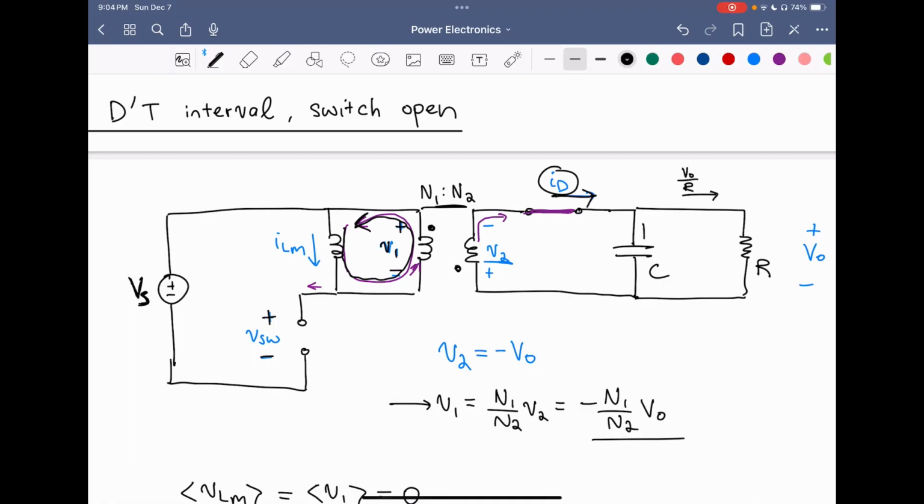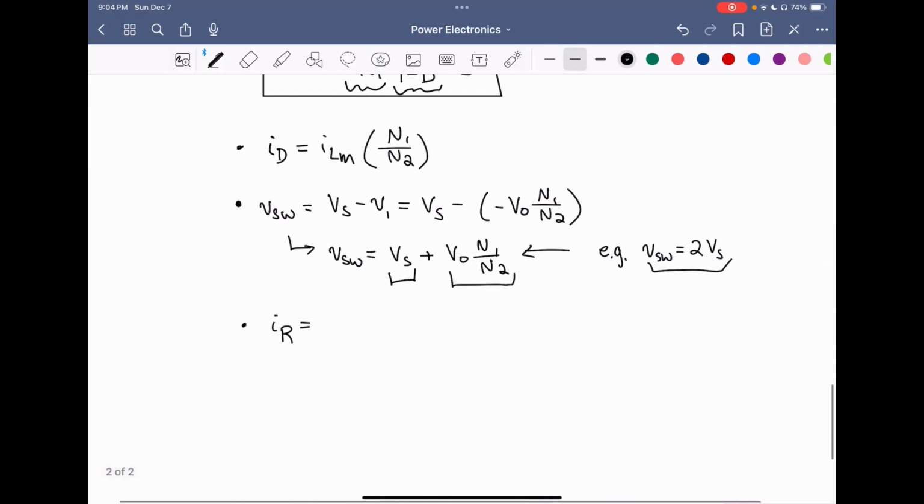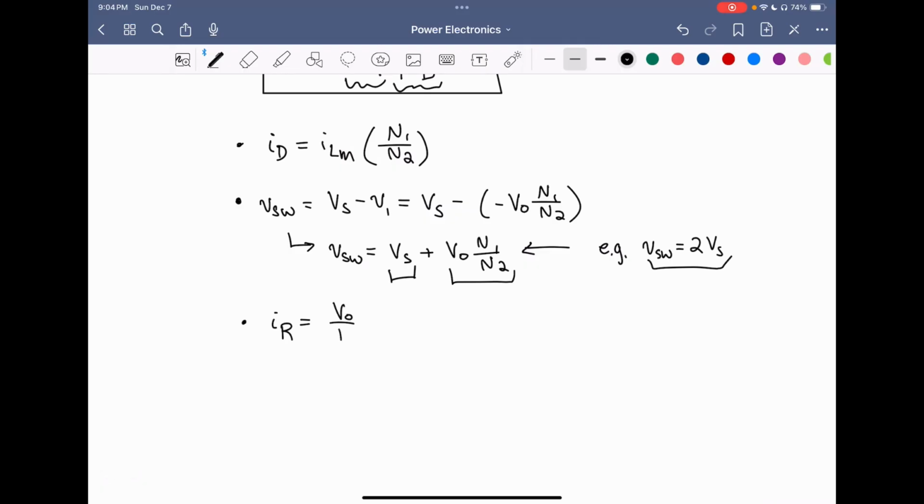Thus we can find the capacitor current IC by KCL, which is going to be ID minus the current through the resistor, so minus Vout over R. So we found the resistor current as well as the capacitor current.